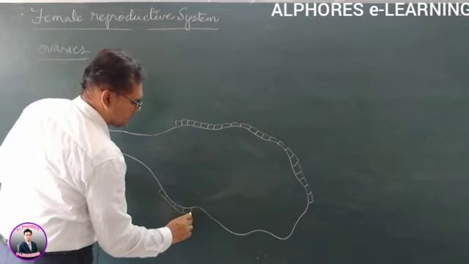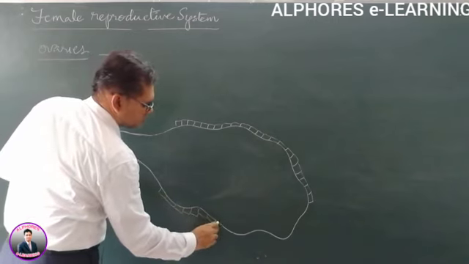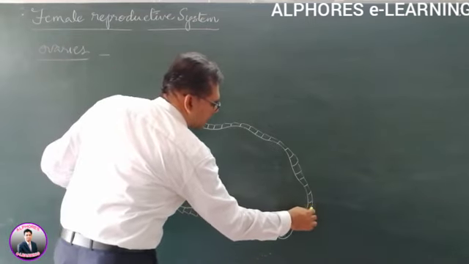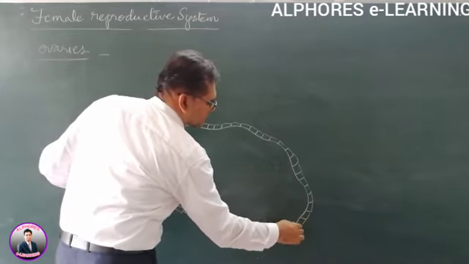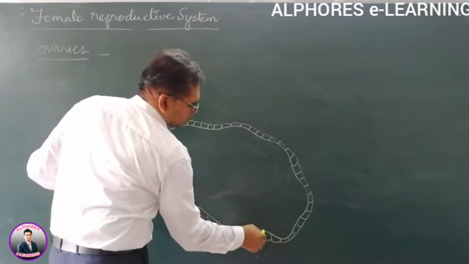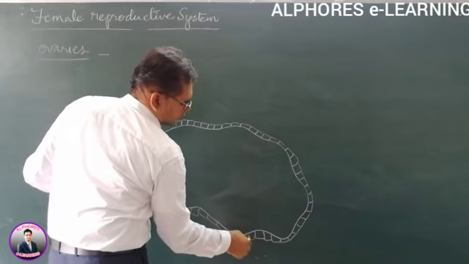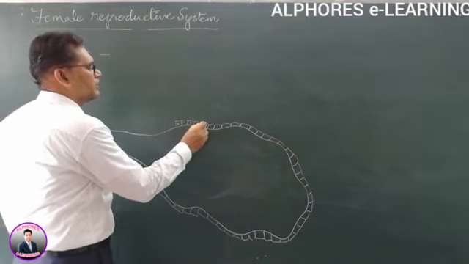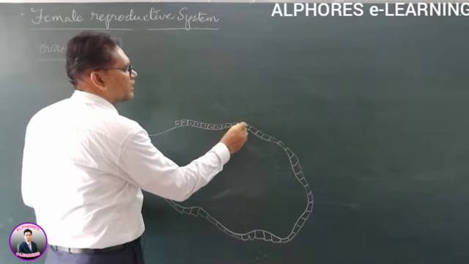It means in the male reproductive system, cuboidal epithelium is present inside the seminiferous tubules, whereas in females, the germinal epithelium is present towards the outside. What we are saying is, in females, the germinal epithelium is present outside.